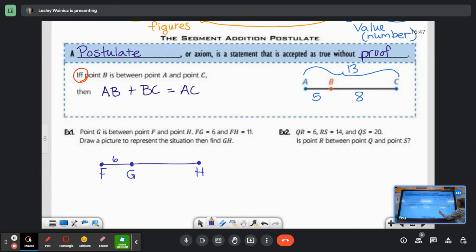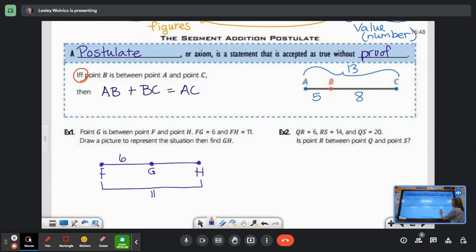Not GH, it says FH, so this whole thing is 11. I definitely didn't do this to scale, so let's redraw my segment. Let's put G here. This is going to be 6, and this is 11.